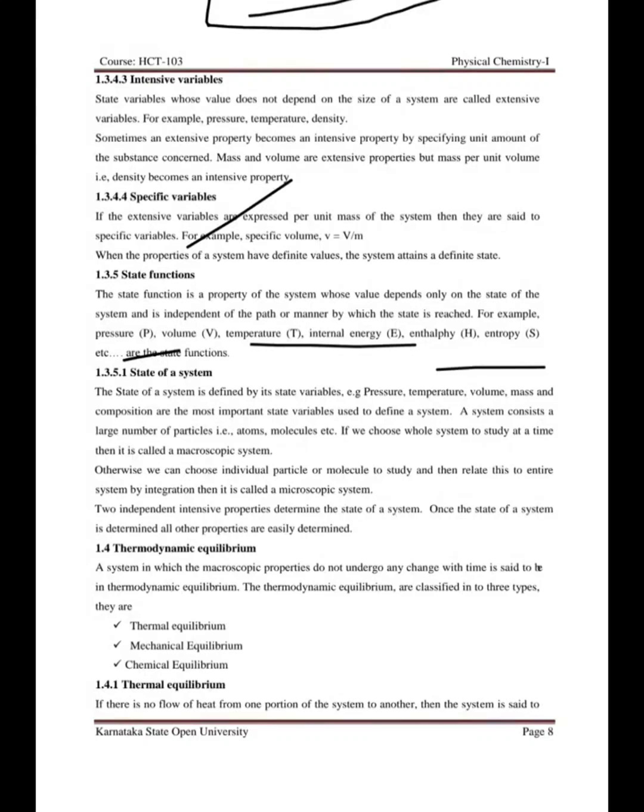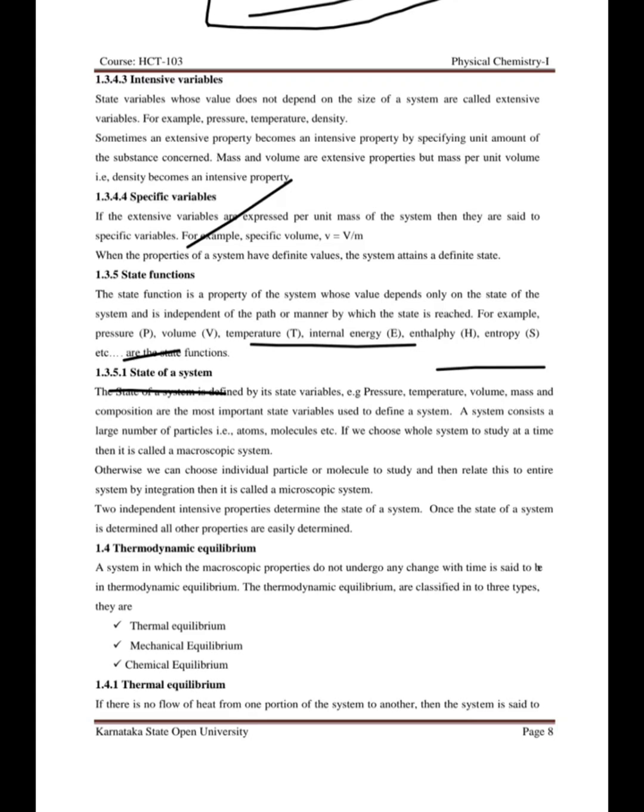Even in the next step, you will get to know what is state. The state of the system is defined by its variables: pressure, temperature, volume, these are the variables we are going to study.